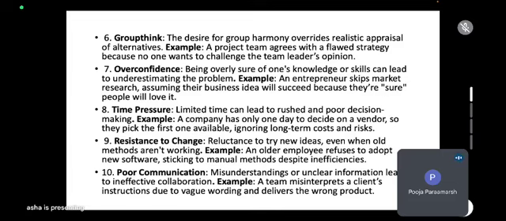Then overconfidence. Being overly sure of one's knowledge or skill can lead to underestimating the problem. We feel that it happens with the Indian cricket team. I'm just giving you an example, don't take it to your heart, okay? Just an example.